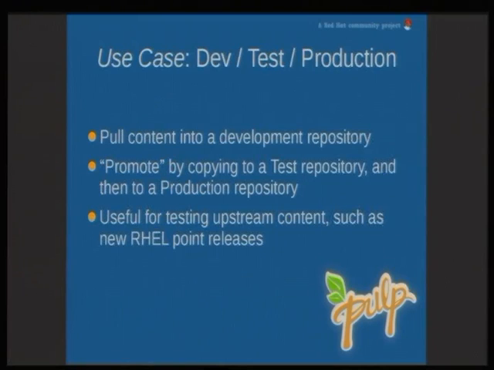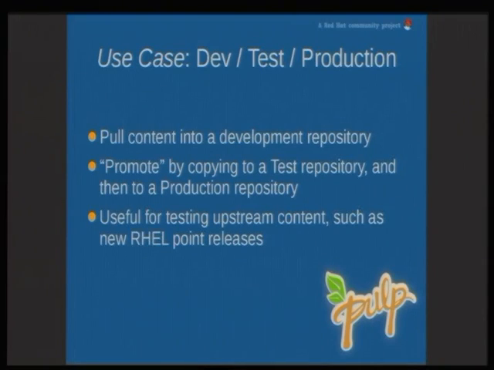So let's see what the use cases for Pulp are. The typical use case is dev, test, production, where you pull in the content into a development repository. You do some testing, and then you promote it by copying to the testing repository, and then to a production one.